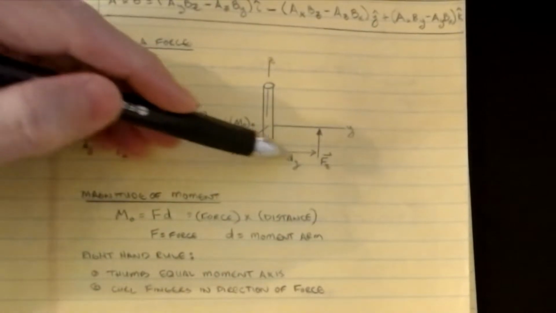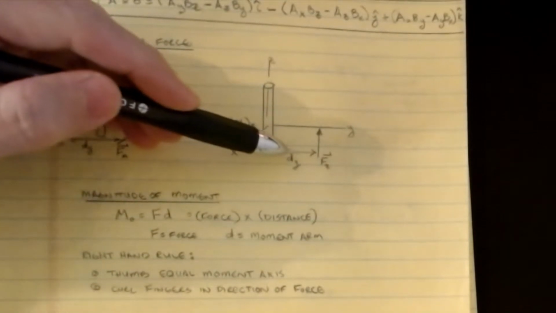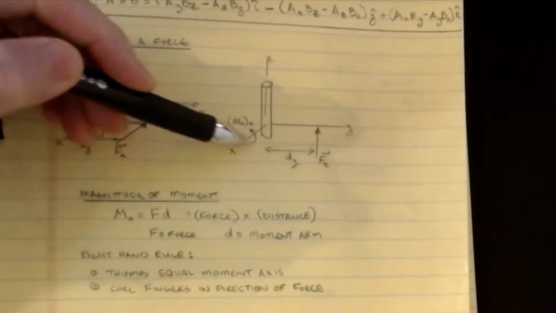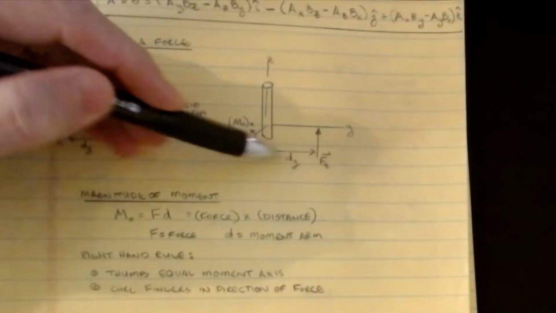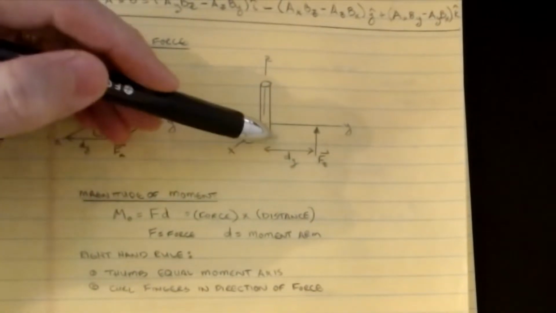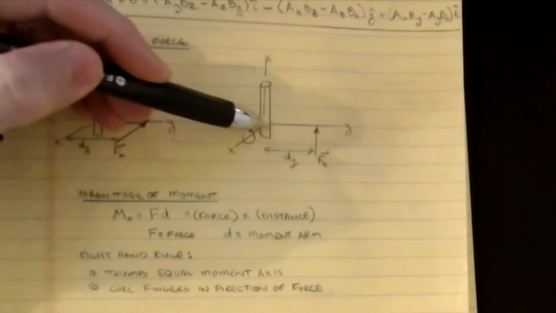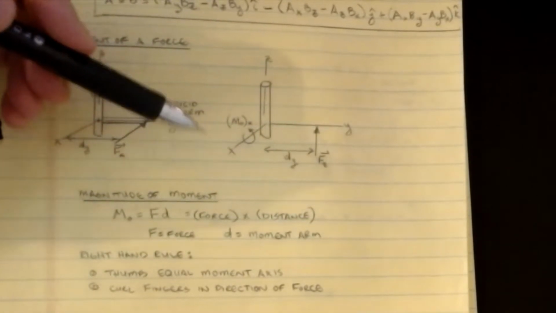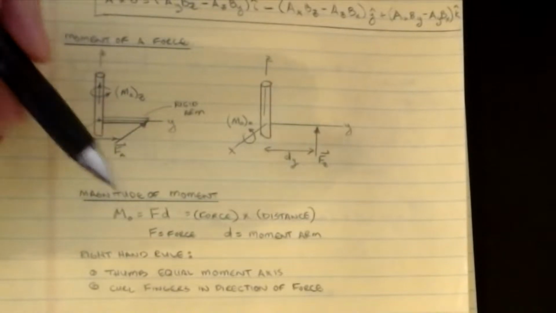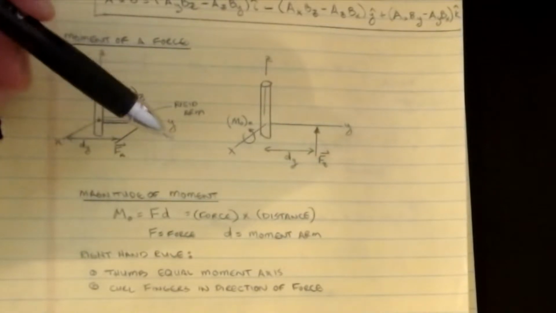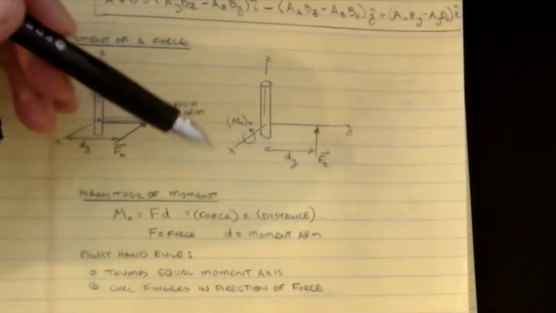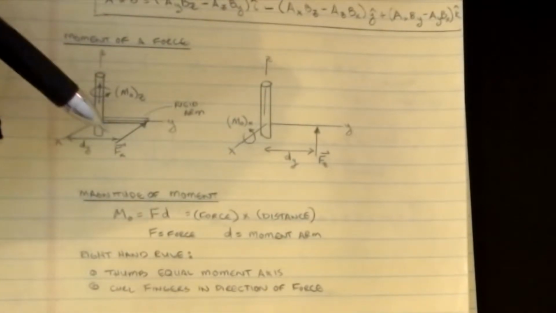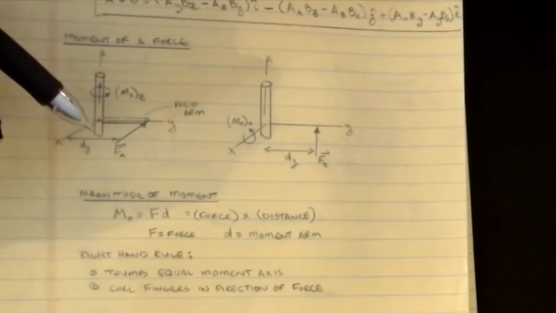And again, the distance has to be perpendicular when measured from here. So this point from here to the origin is some distance dy. This will cause a positive Mx moment. So we've got to come up with some relationships to be able to compute these, and we'll work through some examples to hopefully illustrate it. This is a tricky concept to wrap your head around as you're playing with things a little bit.